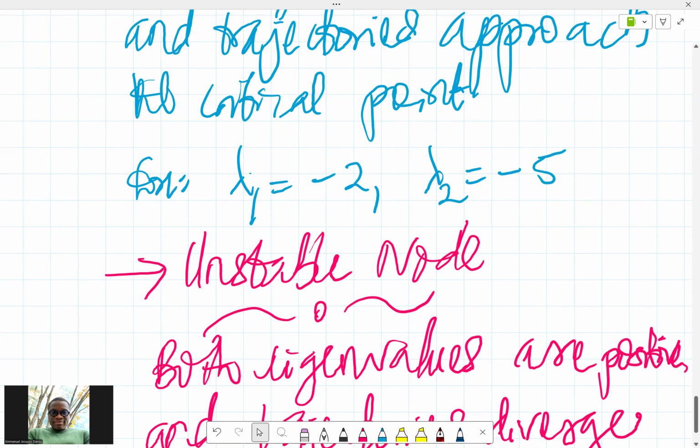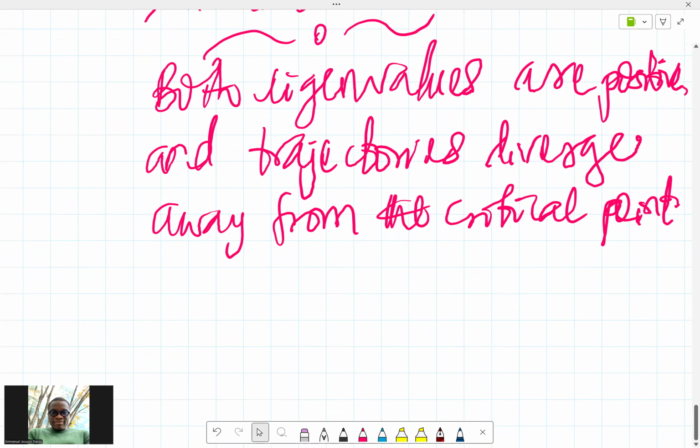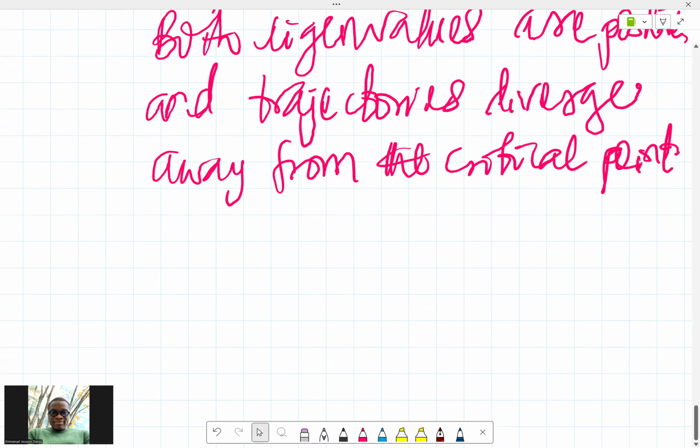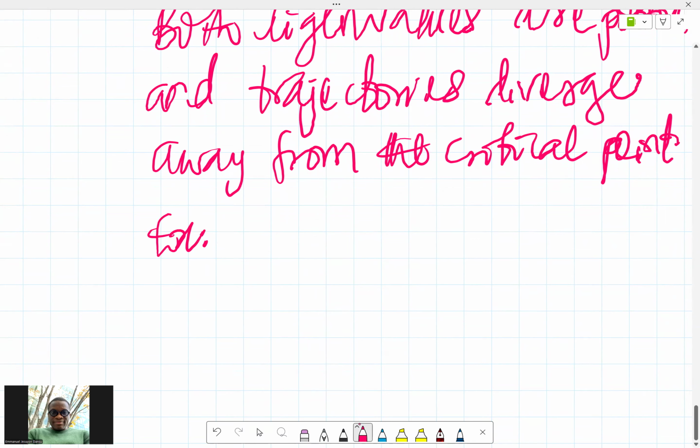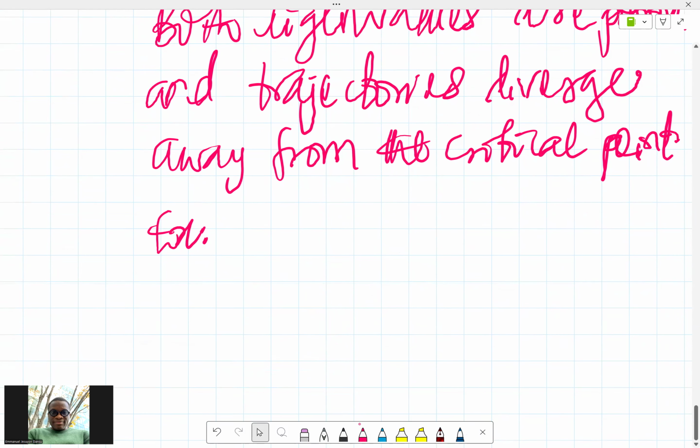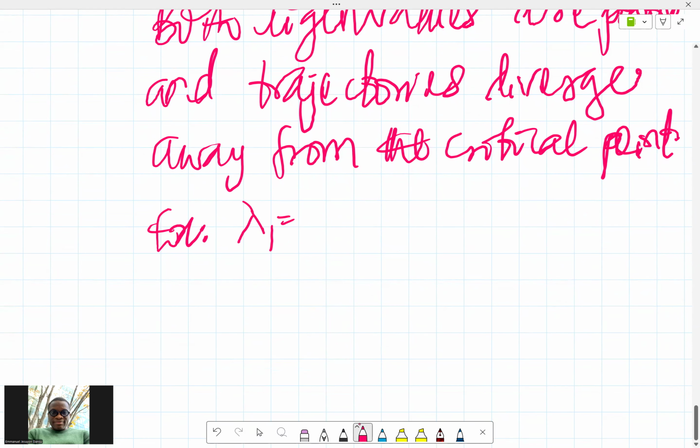If you want to represent this, let me plot a graph. Imagine you have a critical point here. For stability, all the trajectories come into this same point, anywhere they are coming from. But in the other case, imagine instead of -2 and -5, lambda 1 is 2 and lambda 2 is 5.